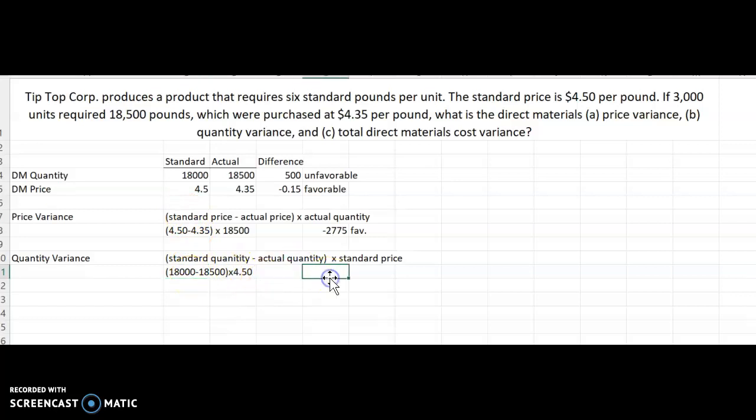So that is going to equal, we had an unfavorable variance of 500, and then we're going to times that by 450. So we get 2250, and this is actually more than what I thought I'd use. So this would be unfavorable.